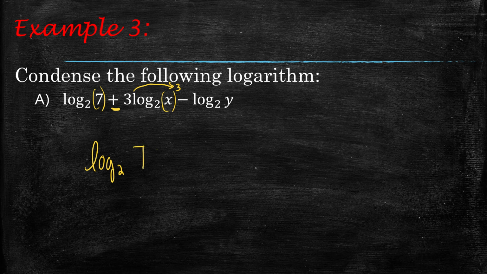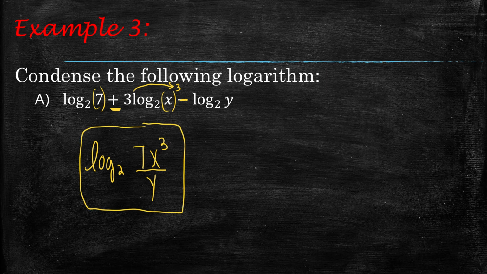So 7x to the third power. We know that we're multiplying because in expansion, when you have a plus, that means it was a multiplication. Then we have a minus, and minus is division, and so we're going to divide that by y. So this is what it would be in condensed form. Remember, condensed is a single log.